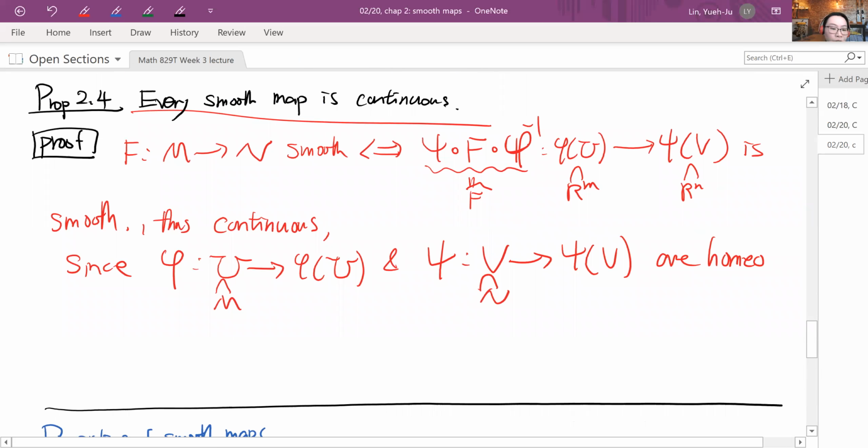And if they're homeomorphisms, the inverse and itself are continuous. So if you look at this original map restricted on U, you can rewrite it as a composition of three continuous functions. This is the same trick over and over.